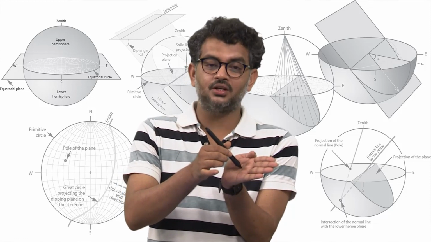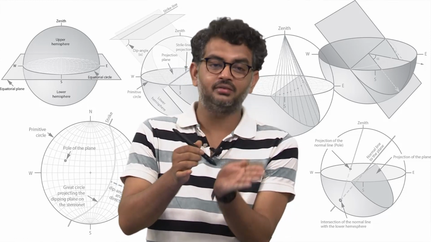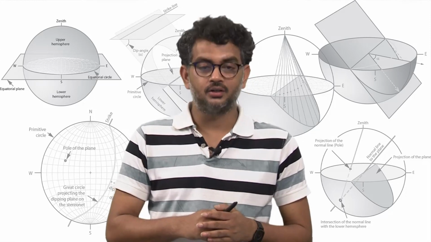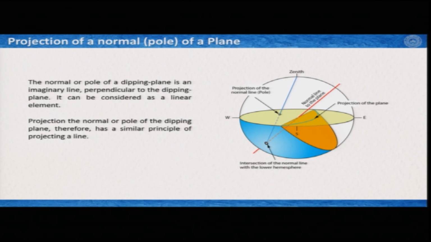The challenge is to plot this line on the Stereonet, given that I have the plane on the Stereonet. It is very similar to the way we plotted the line, but we use a somewhat different technique, because we do not have the data of the line, we have the plane only.